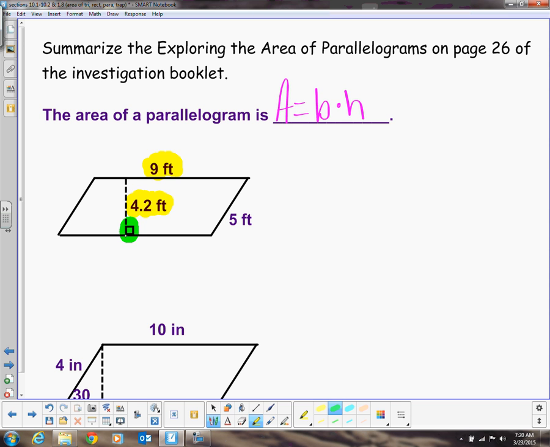Perpendicular. This is where the perpendicular relationship is. Is this side 9 and that side 9? So if we were going to find the area of this parallelogram, we'd say 9 times 4.2 or 37.8. Who's got a calculator to check my computations?